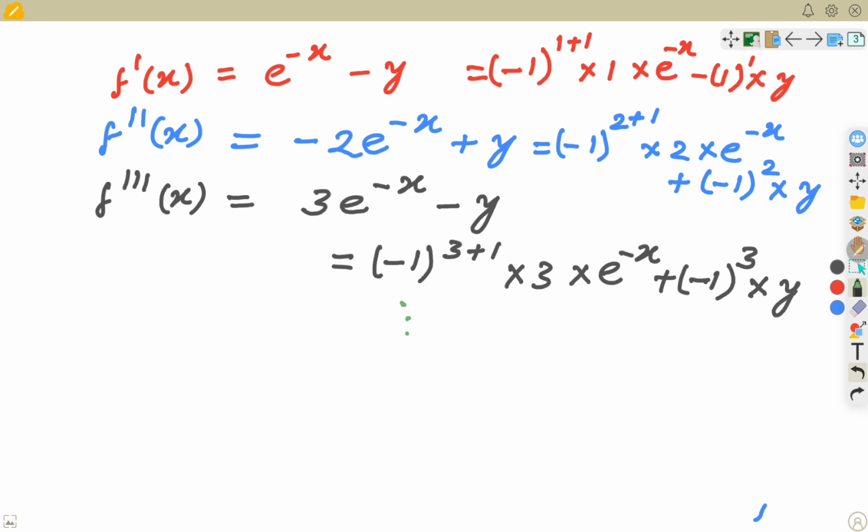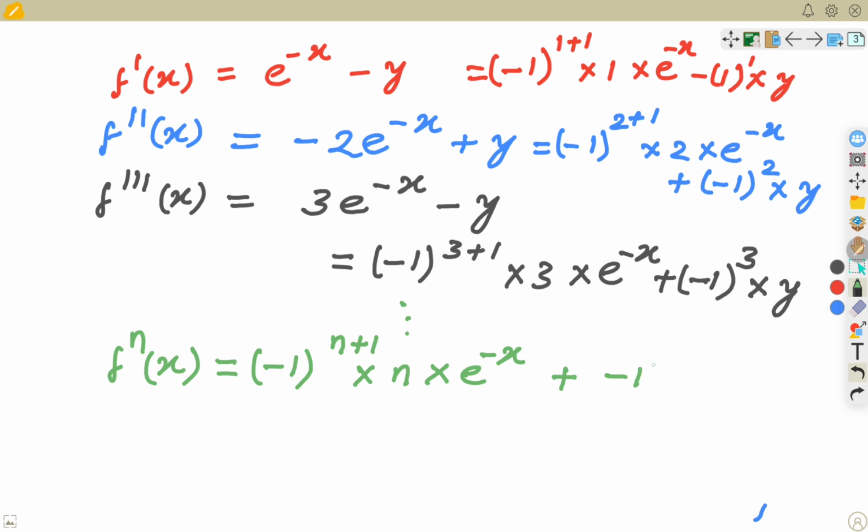So if we go on, we will find for f n x the final value will be minus 1 raised to the power n plus 1 multiplied by n, again multiplied by e to the power minus x, plus minus 1 raised to the power n multiplied by y.